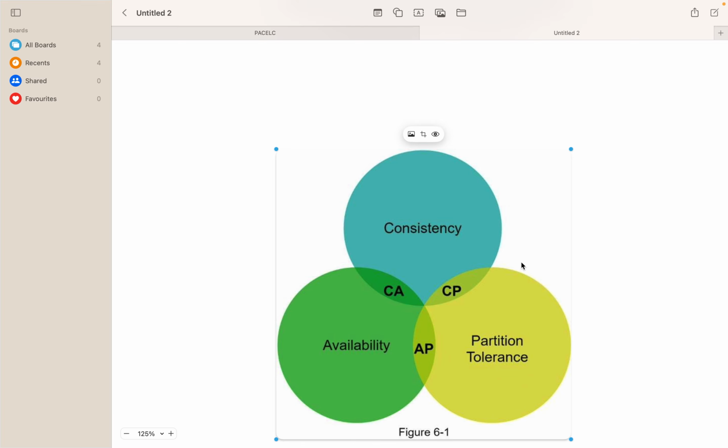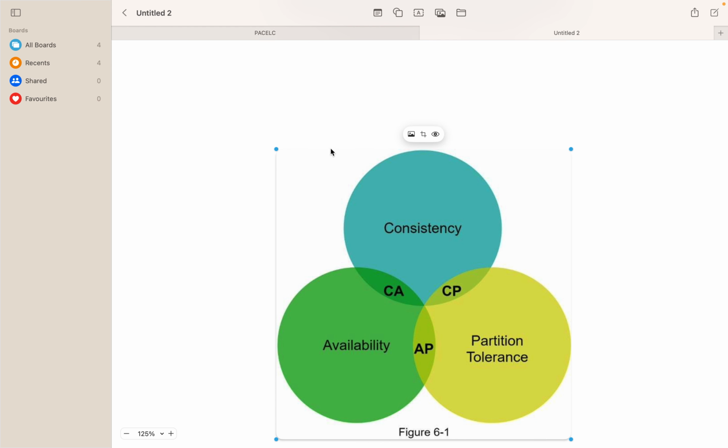So the system should be partition tolerant. Sometimes it is said that a system is partition tolerant. What does it mean? Even if a network failure happens, it can still communicate and respond in some other way, right? So this is partition tolerance.